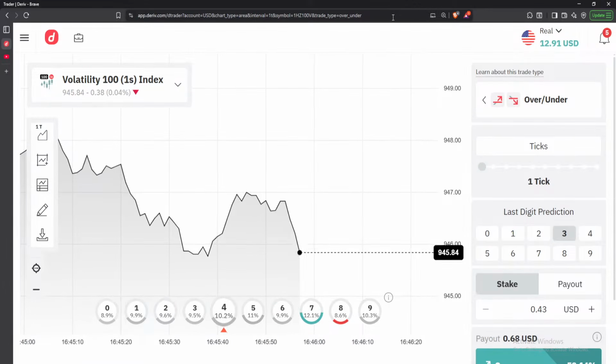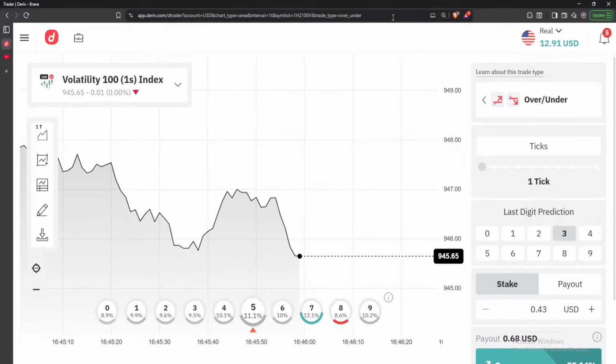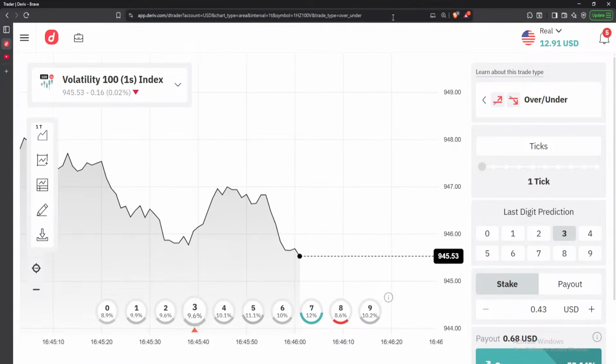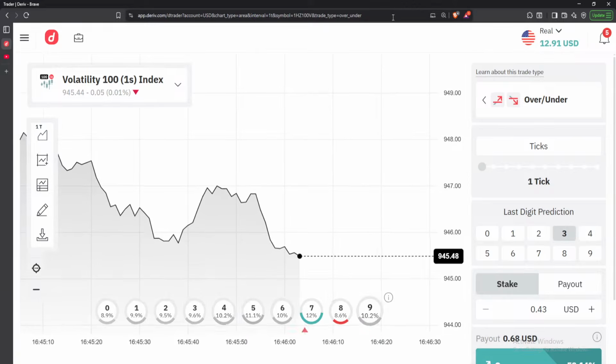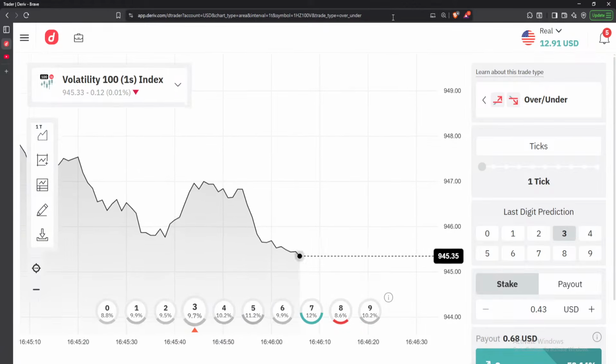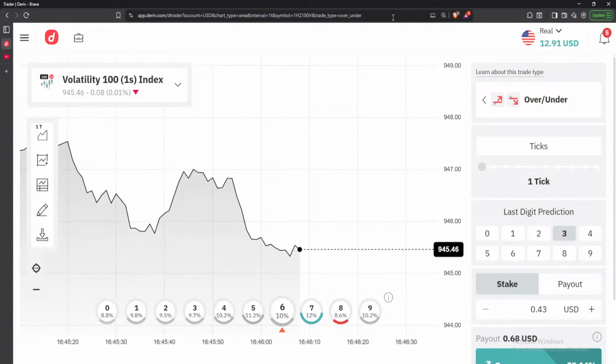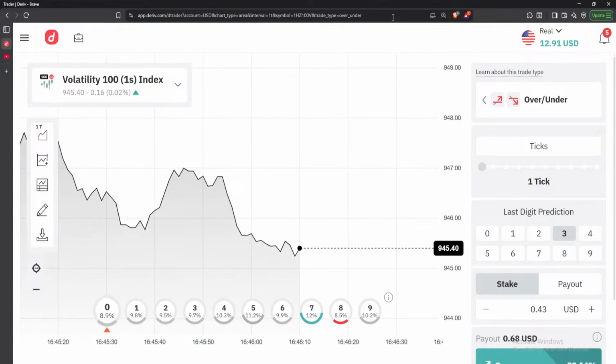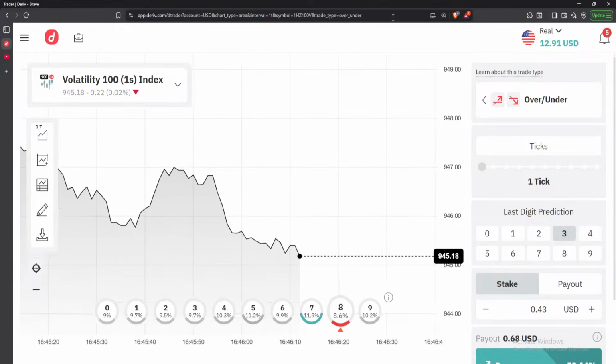Again, for those who are joining us, you're looking at over 3 and under 6 in Deriv. Over 3 and under 6.